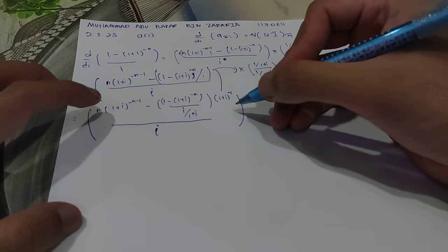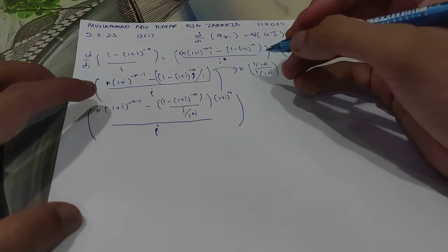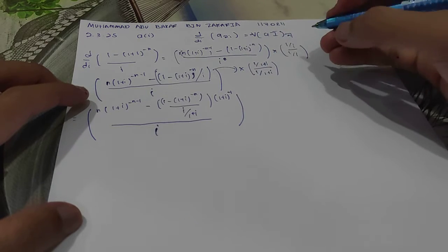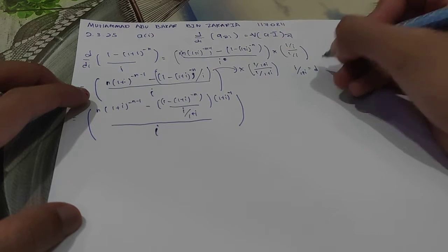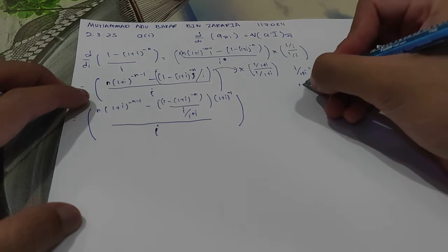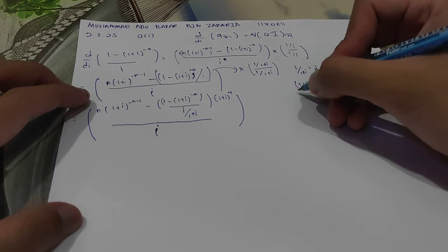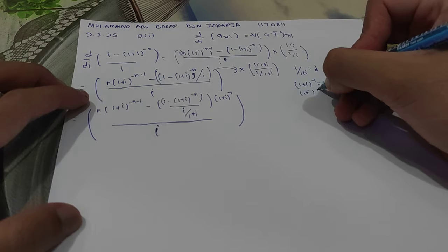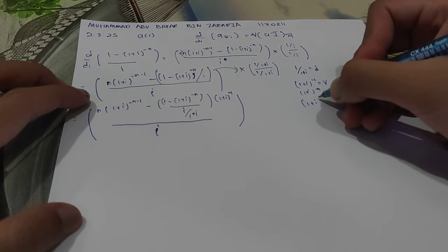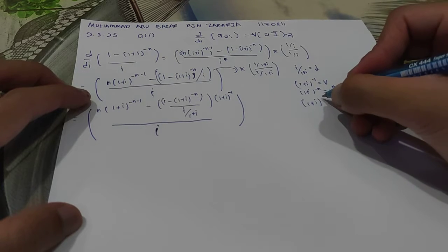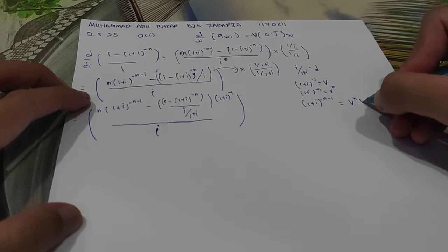Before we transform this equation to a simpler form, we need to know that i over (1 plus i) is equal to d. Then 1 over (1 plus i) to the power of negative 1 is equal to v, and 1 over (1 plus i) to the power of negative n equals v to the n, and to the power of negative n minus 1 is equal to v to the n times v.